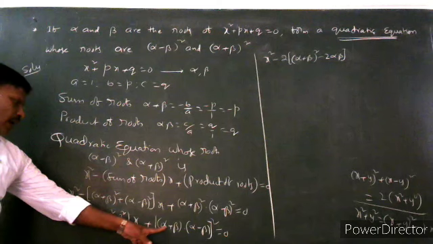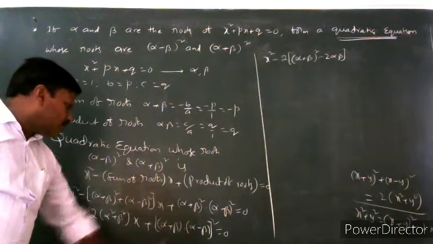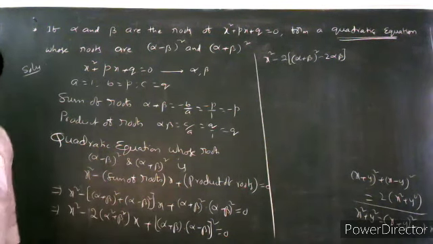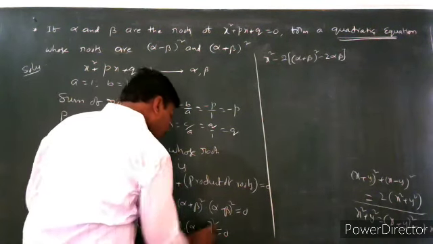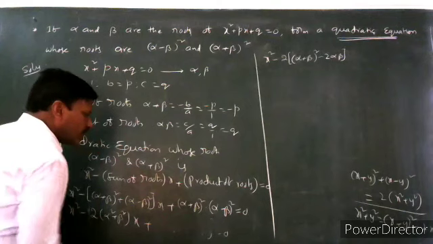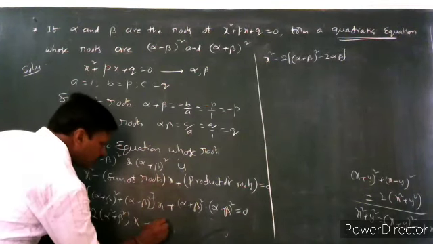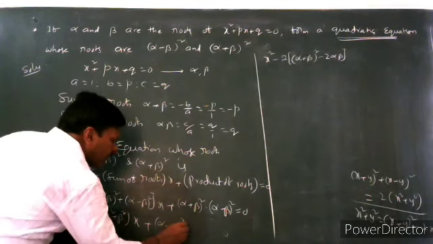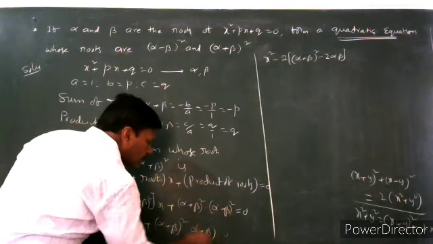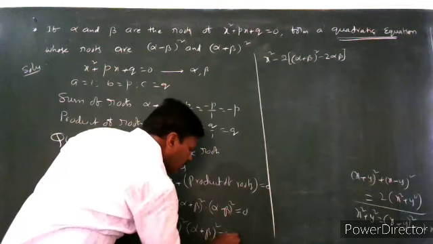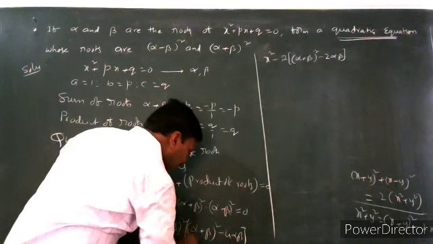Next, alpha plus beta into alpha minus beta whole square. Wait here, a small change: alpha plus beta whole square, into alpha minus beta whole square. This alpha minus beta whole square is written as alpha plus beta whole square minus 4 alpha beta.